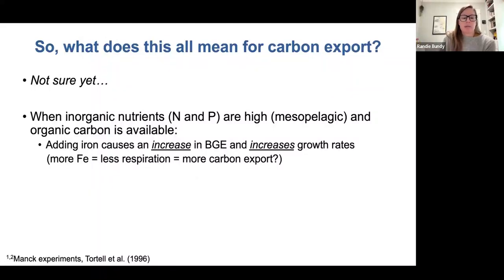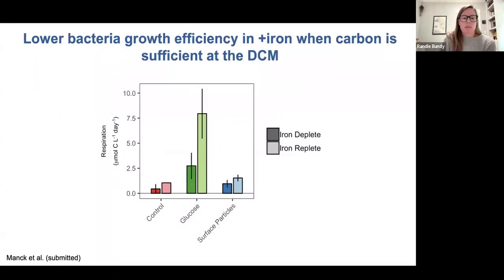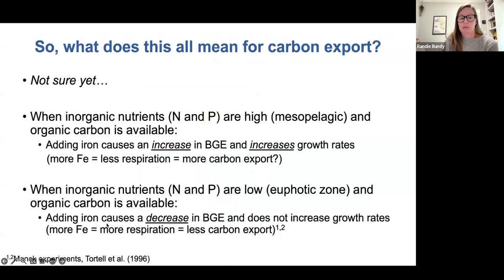Perhaps. This was interesting because there was some previous work done by Phil Tortell in surface waters, and also work by Lauren Manck that she's done recently, more in the deep chlorophyll maximum. And she and Phil both saw actually an opposite effect. When she added iron to the DCM, she saw lower bacterial growth efficiency, and that's what Phil saw as well.